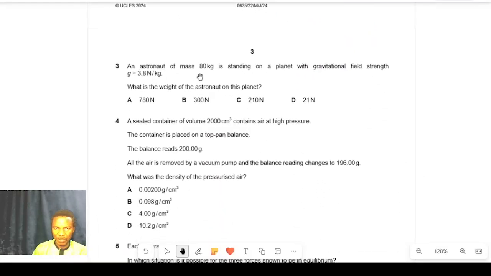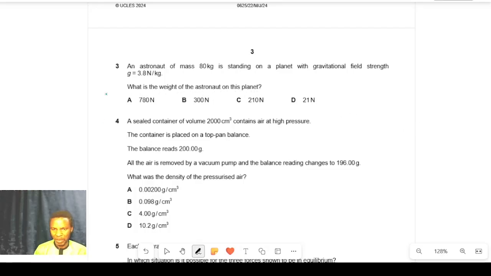An astronaut, question 3, has a mass of 80 kg and is standing on a planet with gravitational field strength of 3.8 newtons per kilogram. What is the weight of the astronaut on this planet?